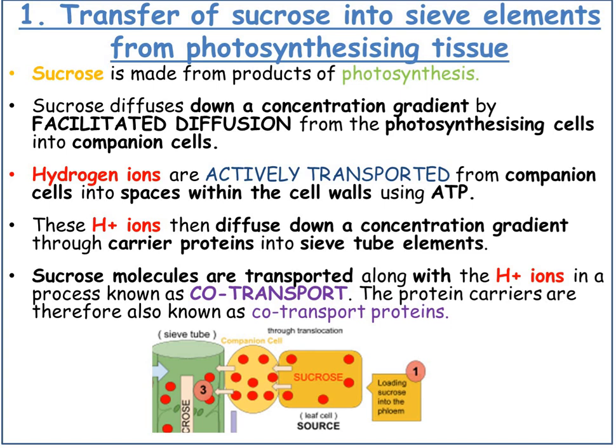And hydrogen ions are actively transported from the companion cells into spaces within the cell walls using ATP. Then these hydrogen ions diffuse down a concentration gradient through carrier proteins into the sieve tube elements. Sucrose molecules are transported along with the hydrogen ions in a process known as co-transport. The protein carriers are therefore known as co-transport proteins.